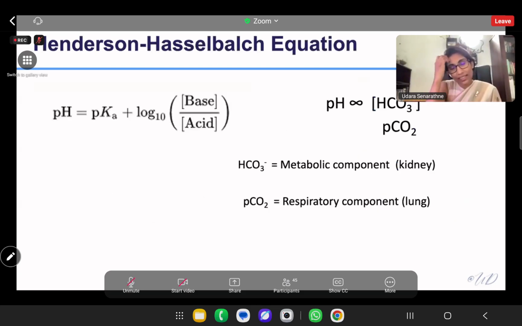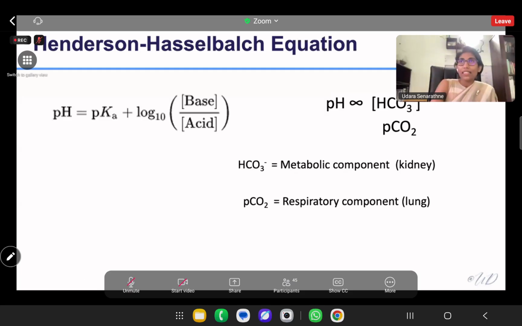So this is just a small recap on the Henderson-Hasselbalch equation so that you can understand or logically see which part goes with what component. Based on the Henderson-Hasselbalch equation, your pH is directly proportional to the bicarbonate, whereas it is indirectly proportional to the PCO2 or carbon dioxide.